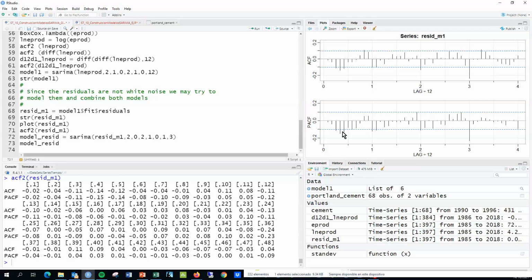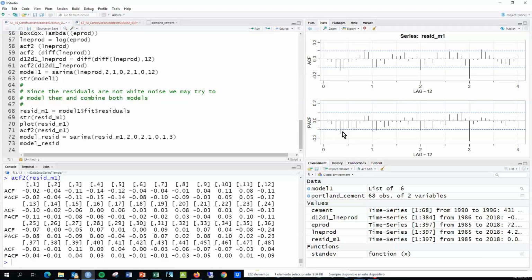Remember that at some point in the class we saw that if we could find a model for the residuals where the remaining term was actually white noise, we could correct the original model using that model.